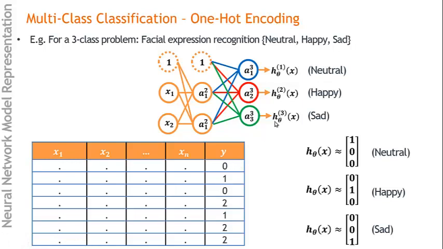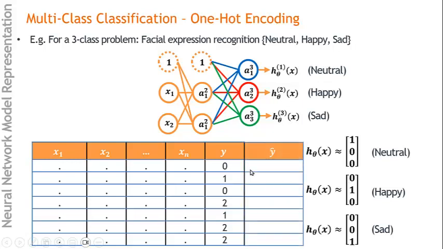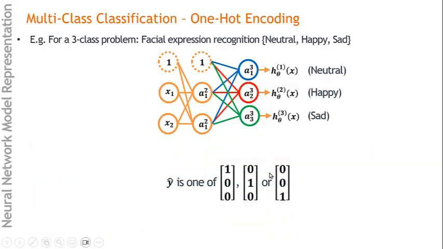However, we can't have outputs of 0, 1, and 2. We can only have outputs like this. So I'm going to assign 0 to the first, I'm going to assign 1 to the second, and I'll assign 2 to the third. And these y-hats will be my targets when I train my neural network. Not the 0, 1, and 2, but the vectors. So I have one of 3 targets.